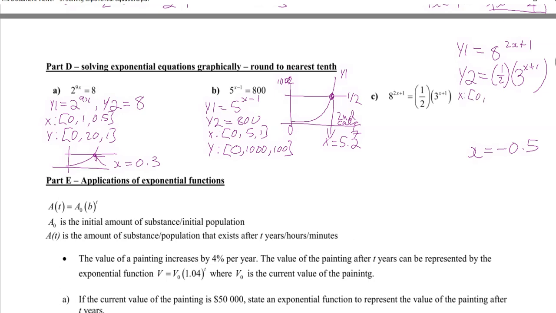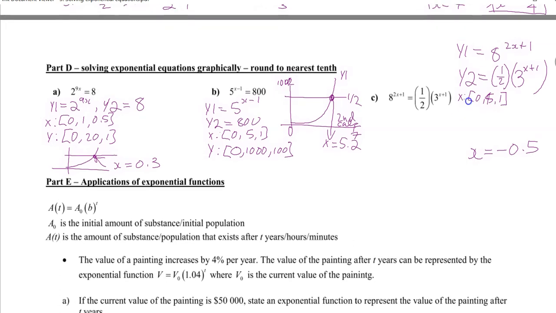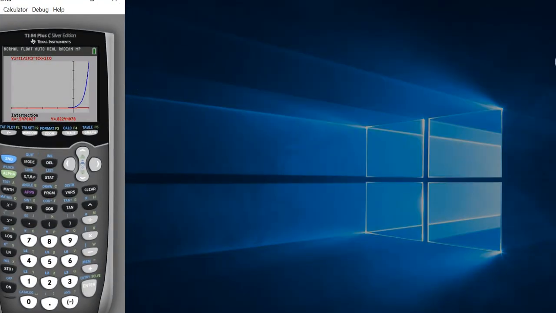Okay, what do we say? Our x's were like from 0 to 5 or 0 to 4 by 1s. Or no, -4. It was like -4 to something. Matter of fact, if it's actually around here, let's just go in. Well, hang on.